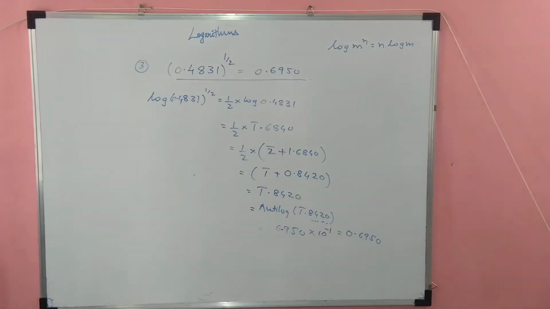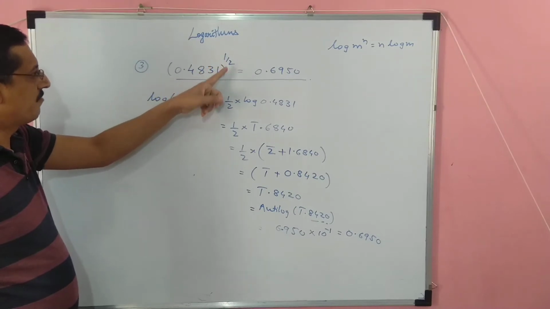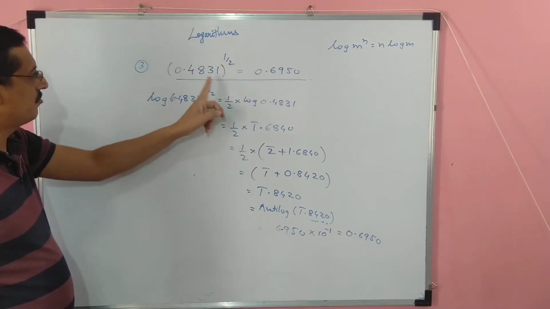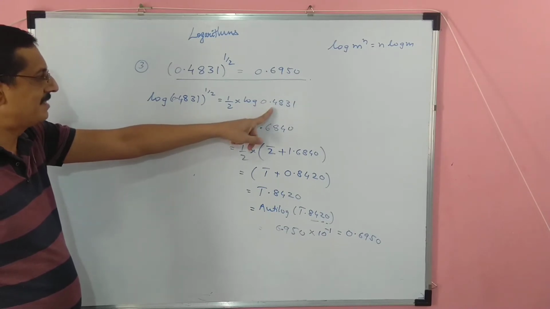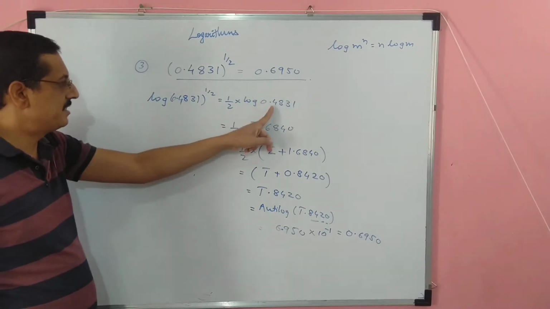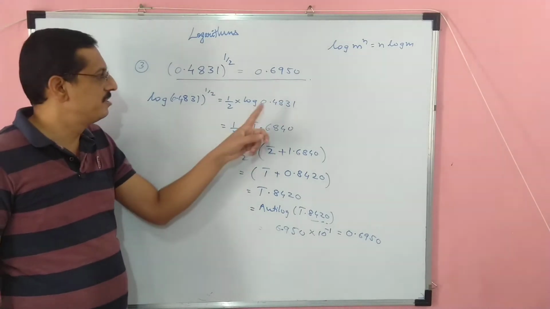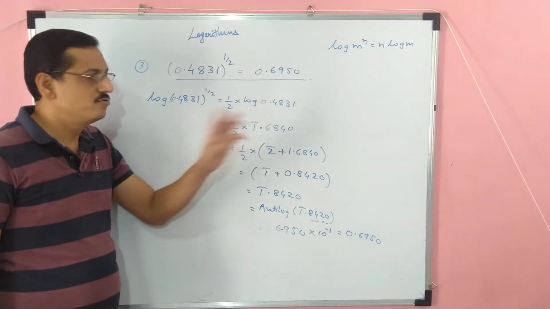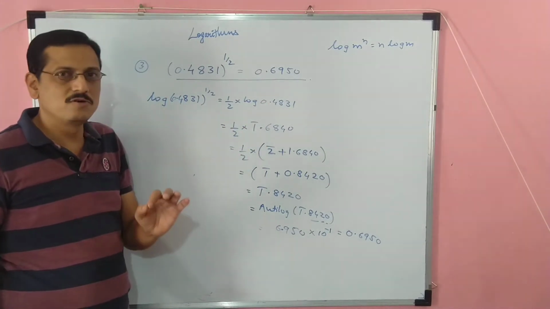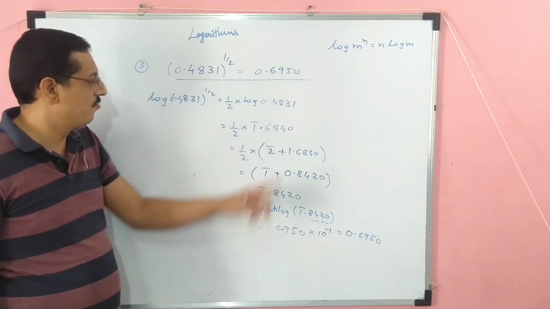So check how to solve in this case. Raised to power 1 by 2, so it is 1 by 2 into log of this value. Its log value has come because it is less than 1. Because it is less than 1, the characteristic is 1 more than the number of zeros between the decimal point and the first non-zero digit. There are zero zeros, plus 1. So it is bar 1.6840.